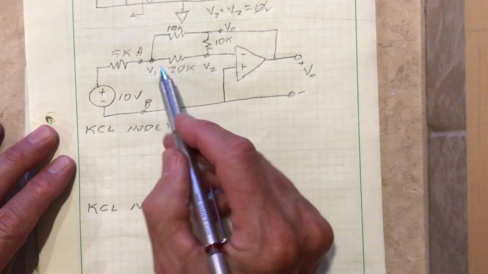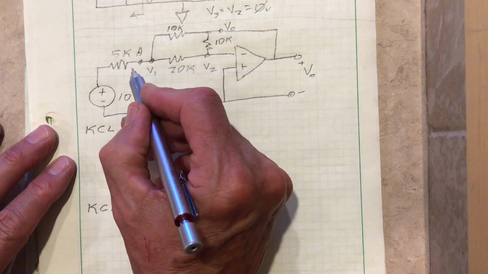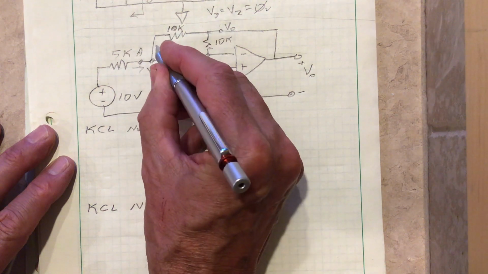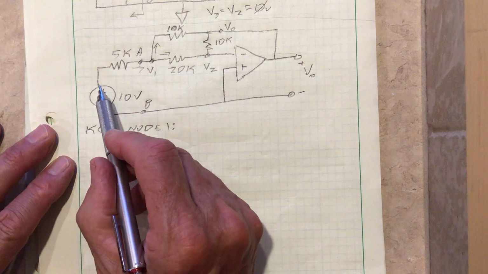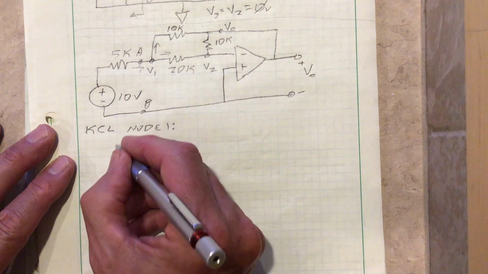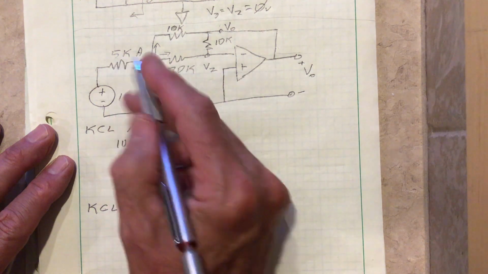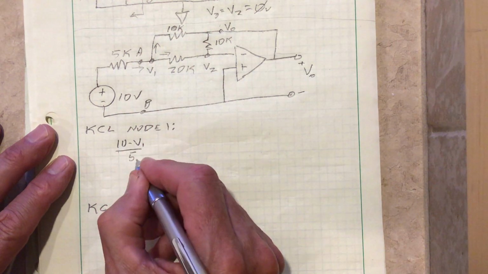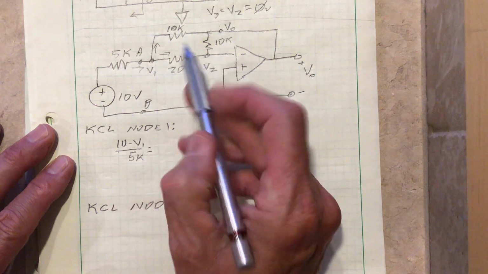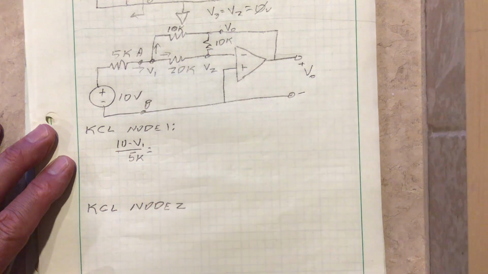At node 1, if I do a Kirchhoff's current law, the current in should equal the currents out. Okay, so current in is (10 minus V1) over 5K. Voltage drop divided by the resistance. The currents out, we have this one up through the 10K and the one straight across through the 20K.